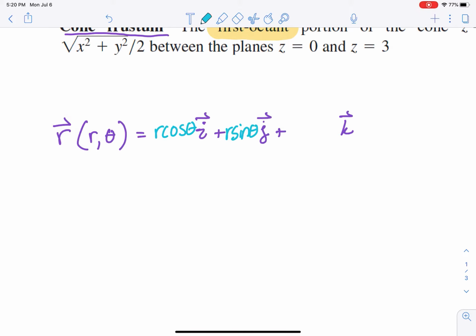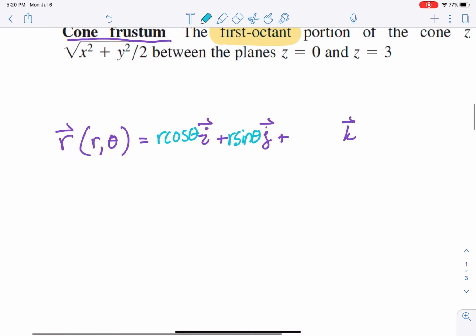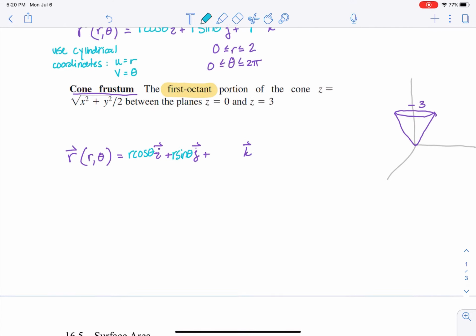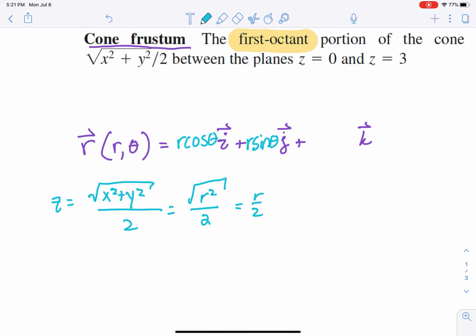And now we just have to figure out the k component, what the z component is. So here we have that z is equal to the square root of x squared plus y squared divided by 2, which in the cylindrical coordinate system gives us the square root of r squared divided by 2, which would just be r halves. So r halves is what goes in for the z component.